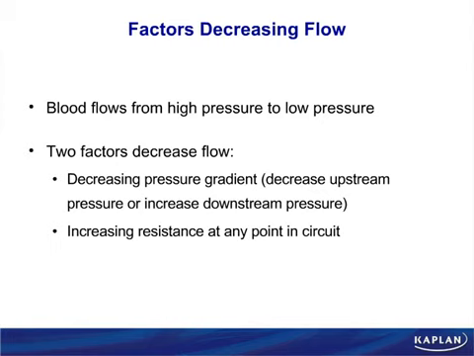How can you affect blood flow? You can change the pressure gradient. You can decrease the pressure gradient. You can decrease the upstream pressure, or you can increase the downstream pressure. Either one would decrease the pressure gradient. You can also increase resistance. If you increase resistance at any point in that series circuit, you will decrease flow.